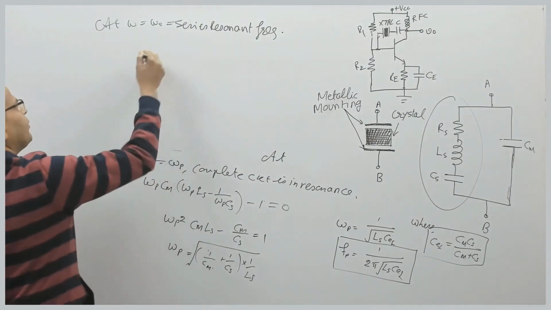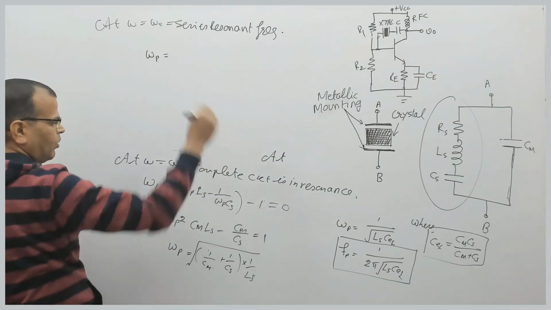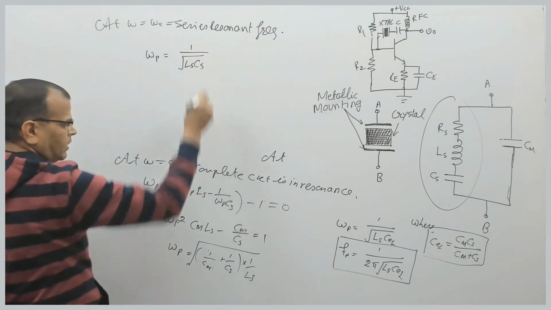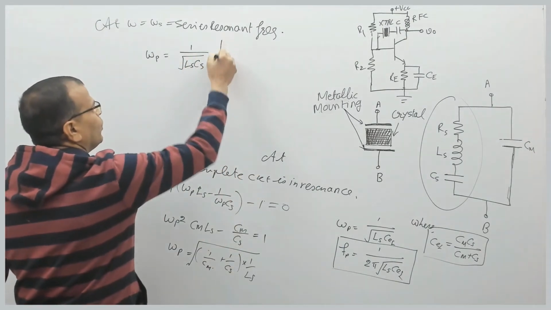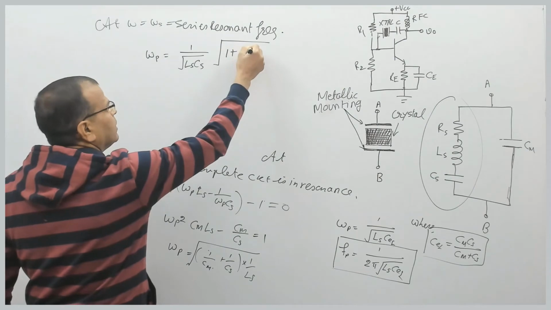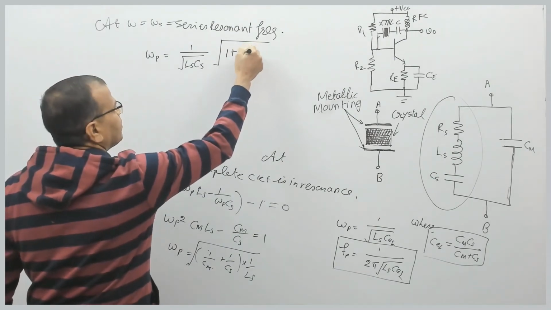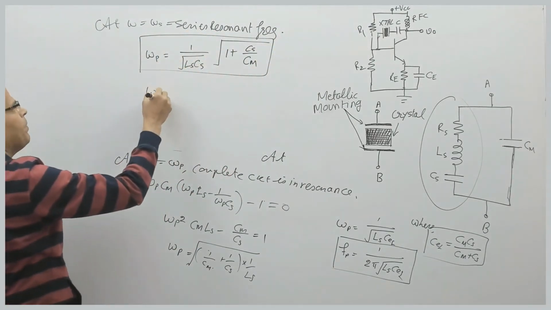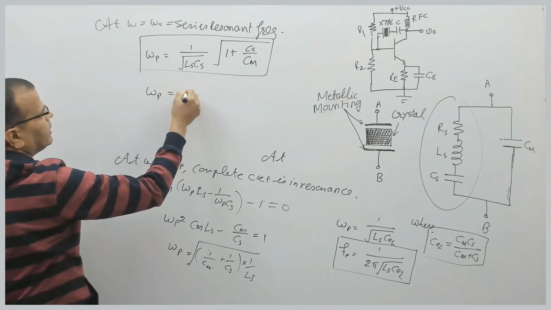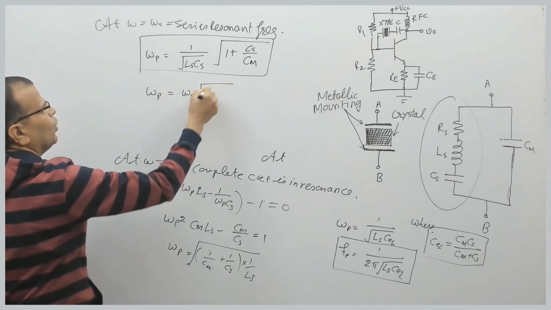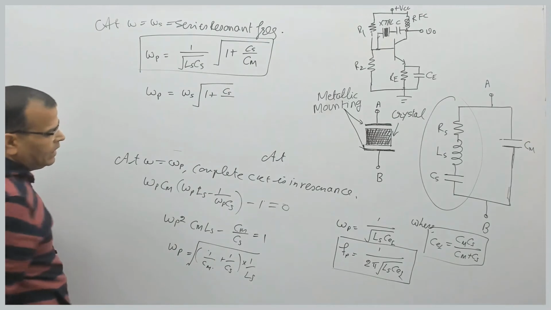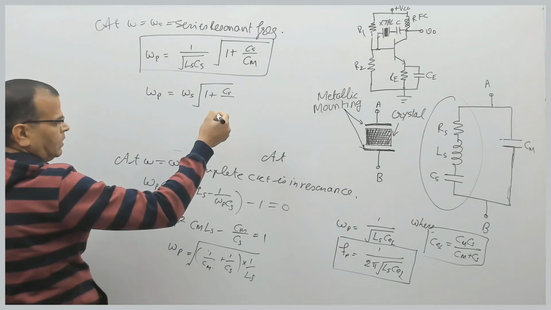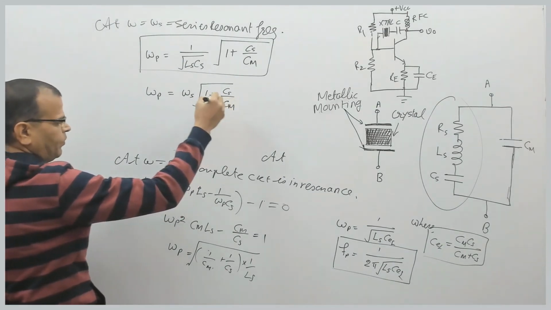The parallel resonant frequency omega p can be modified like this: 1 by root Ls Cs into the square root of 1 plus Cs by Cm. Or omega p is equal to omega s, since 1 by root Ls Cs is omega s, into the square root of 1 plus Cs by Cm, fine.